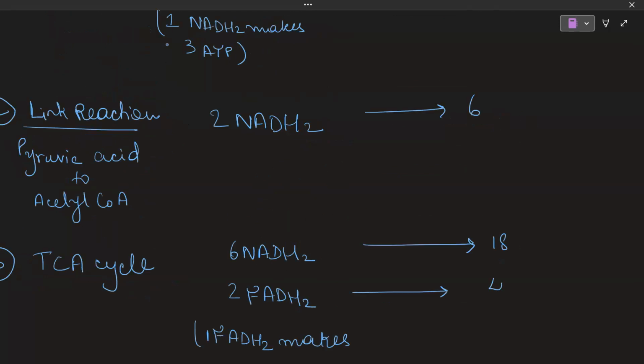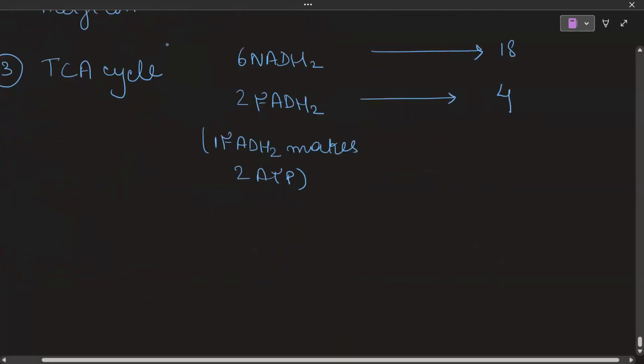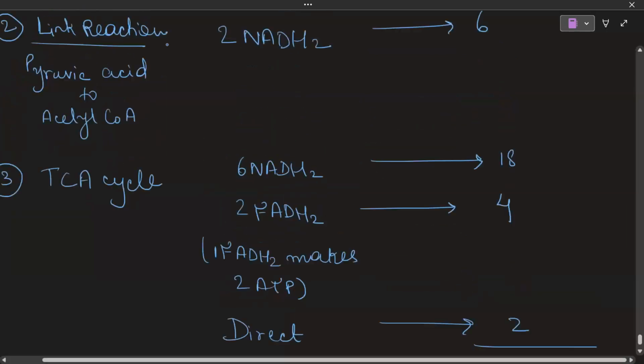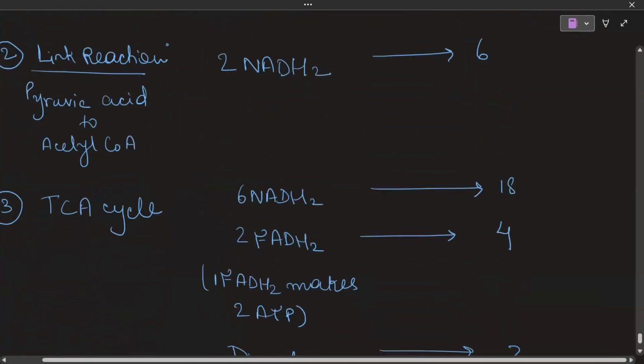Now at the end, directly also some ATP molecules are synthesized, and the number is 2. So ultimately, can you count how many of them? 2, 4, 18, 6, 6, 2. How many?